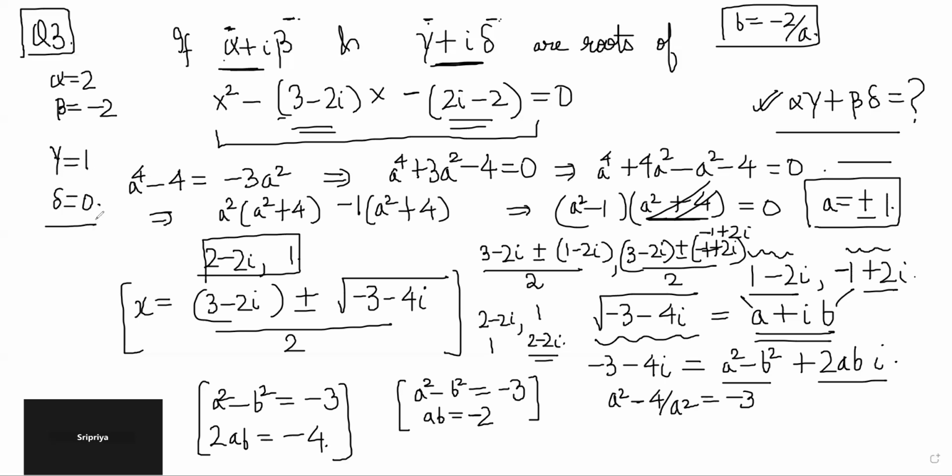So alpha into gamma is 2 and beta into delta is 0. So the answer is 2. You can check the other choice also, it should come the same. If you choose 1 as alpha, it works, and now you'll get a different lambda.